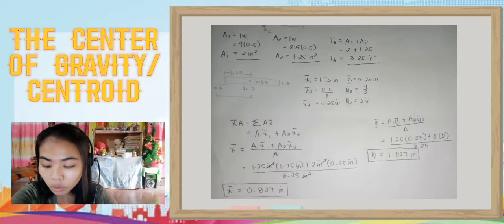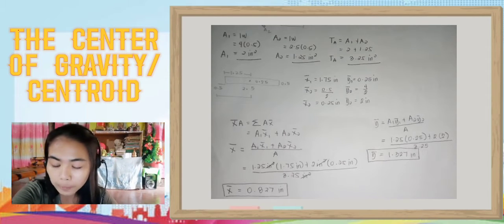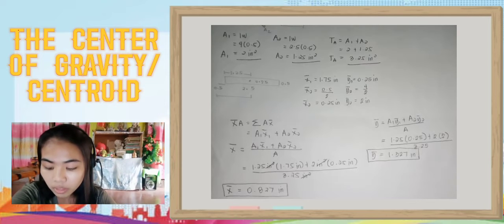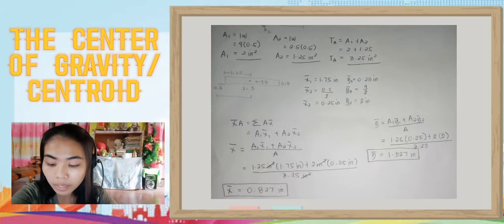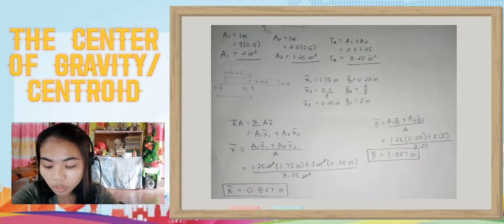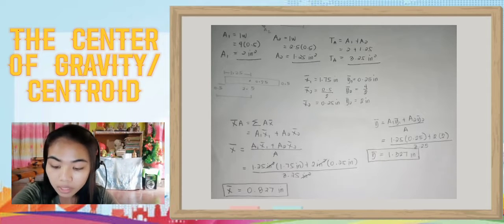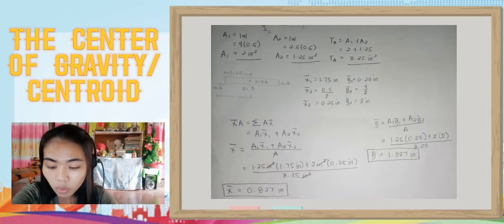Next, so, i-substitute na natin yung mga values na na-solve na natin kanina. So, area 1 is equals to 1.25 times ang x bar sub 1 naman natin is equals to 1.75 plus ang area 2 naman natin is equals to 2 times ang x bar sub 2 naman natin is equals to 0.25.